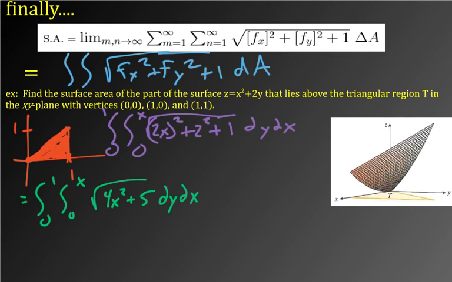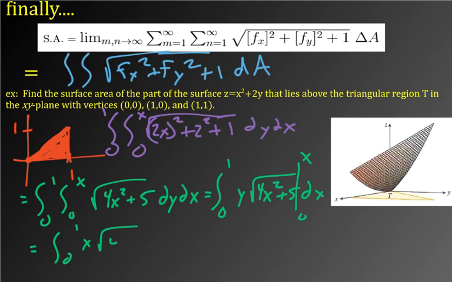Because you just literally tack on a y. So I'm going to do that one, and I would just get y times the square root of 4x squared plus 5 dx, and y is running from 0 to x. So we would just get the integral from 0 to 1 of x times the square root of 4x squared plus 5 dx.